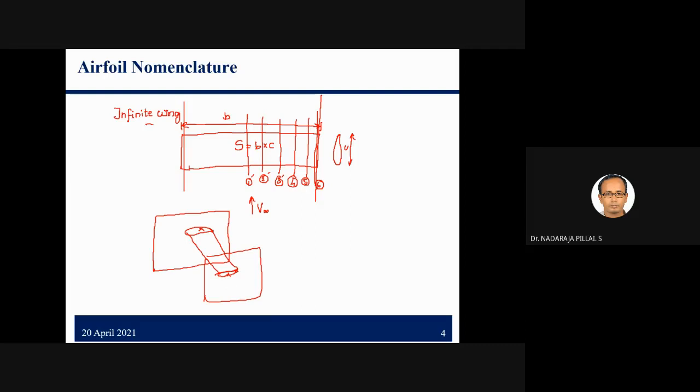Assume that we have a wind tunnel. It is in the wind tunnel test section. So if this is the case, every cross section will have the same aerodynamic property, and hence this wing is called an infinite wing.